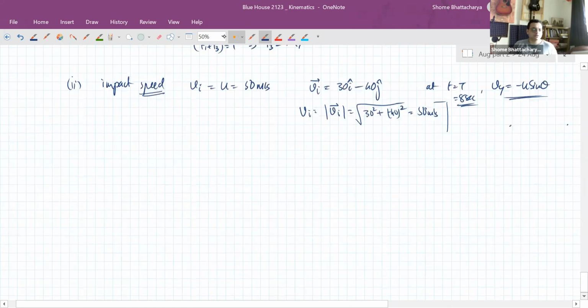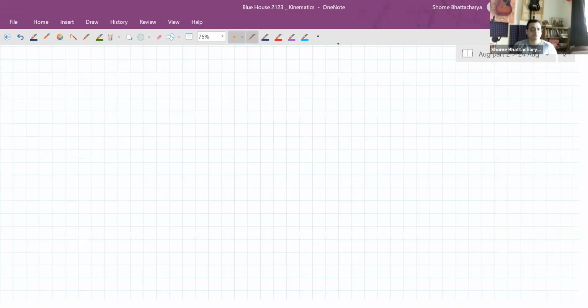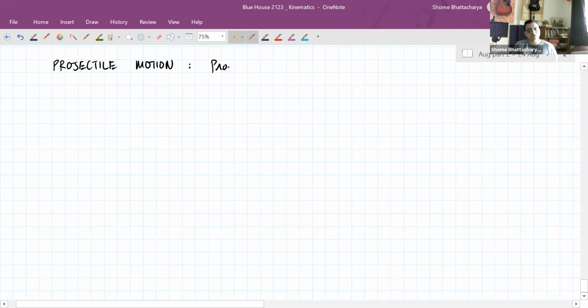Okay, so now we come to the next section of projectile motion, which is projectile motion from a heighted point. We're doing the projection from a height, not from the ground level.